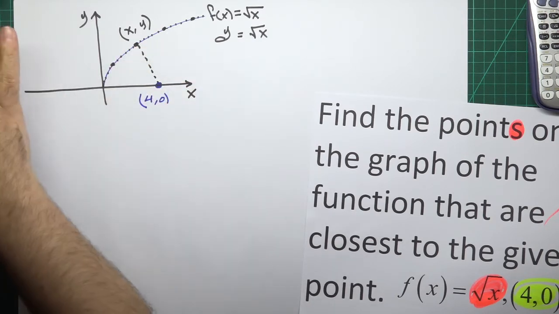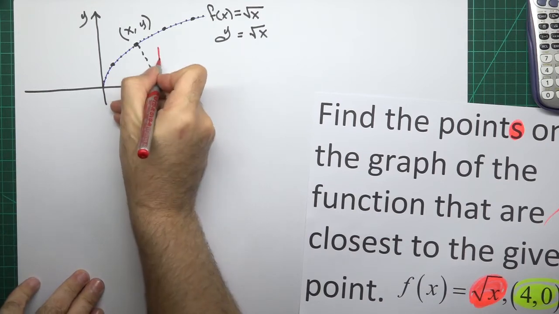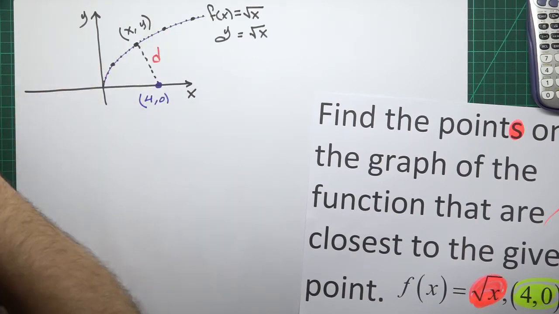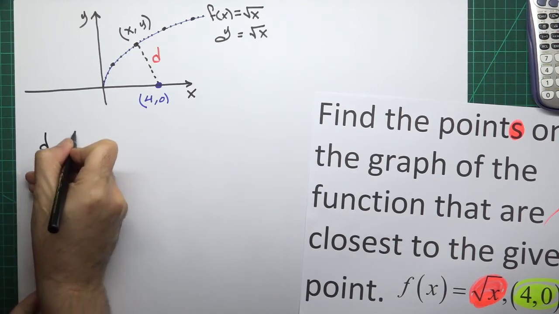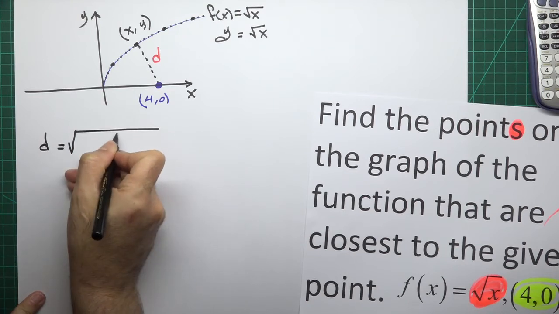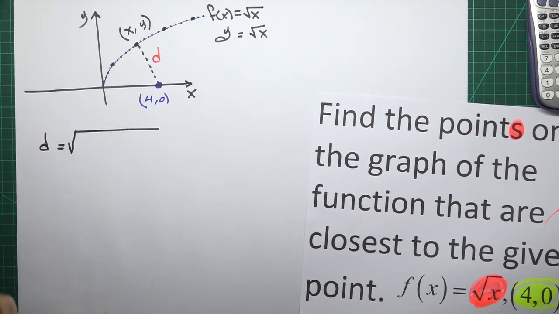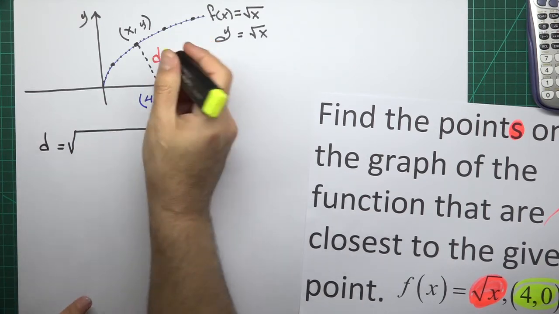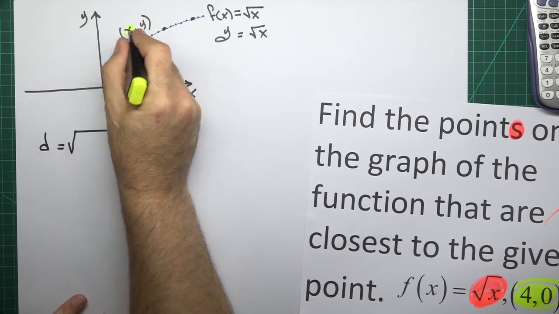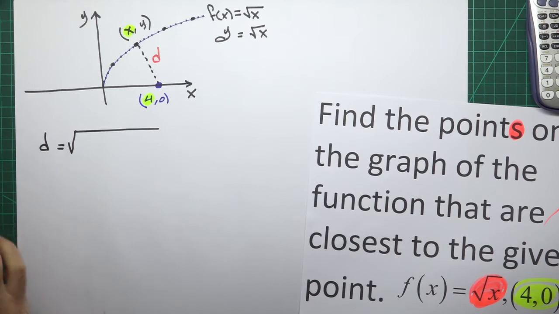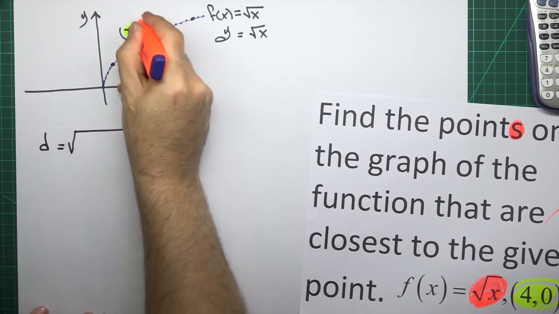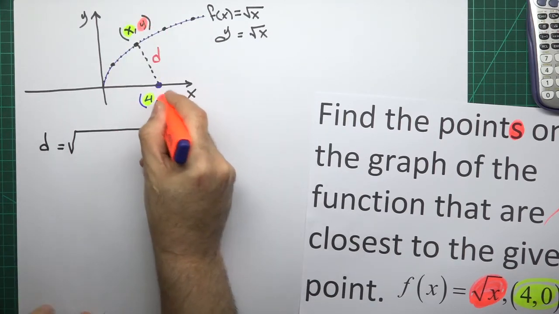Any point, not a specific one, does not affect. This is d, and as you know, students, from the previous problem, d equals the square root of x2 minus x1, y2 minus y1, so this one minus this and this minus this.